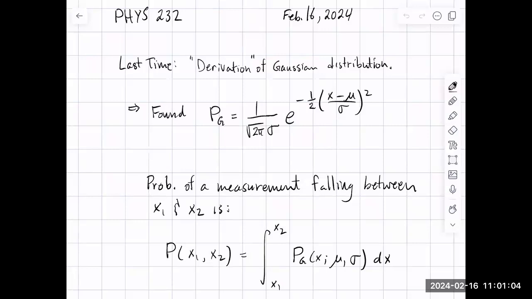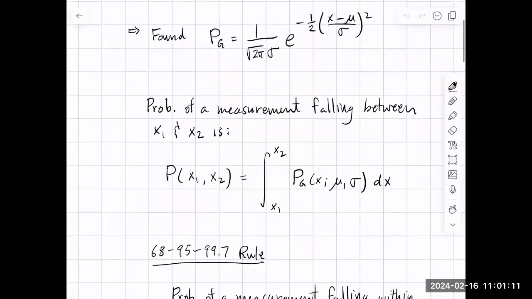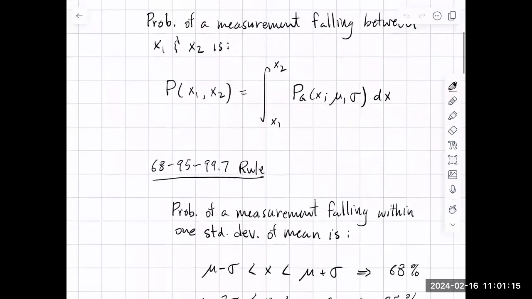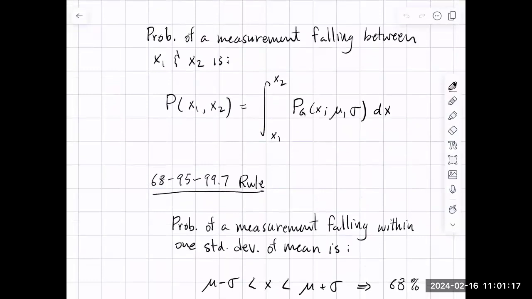And the width of that distribution is characterized by the standard deviation sigma. We did a little example problem where we asked the question, what is the probability of a measurement falling between two values, x1 and x2?